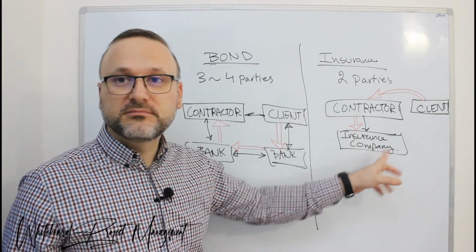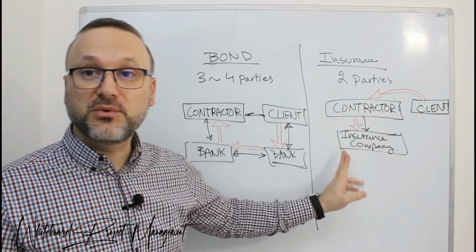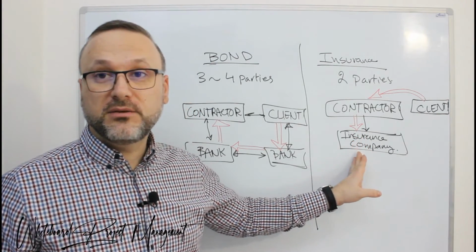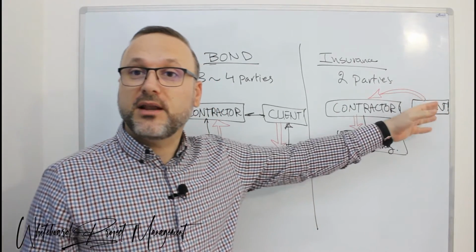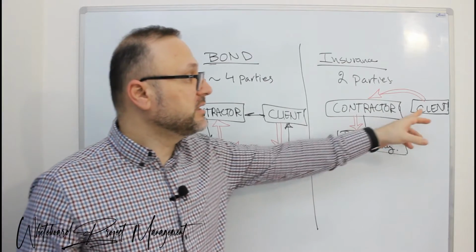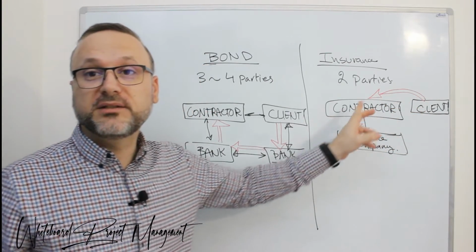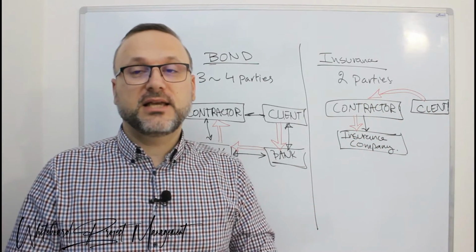While here, you could do whatever you want. In some contracts, the client requests the insurance policy to comment on it. You can prepare the insurance, send it to the client, who will comment on it, and then you close the insurance with the company. If anything occurs, you have to wait, or the client has to wait until the insurance is settled and clear.